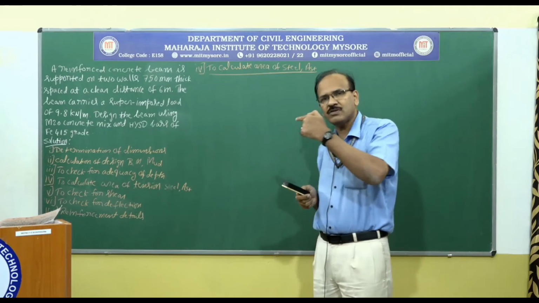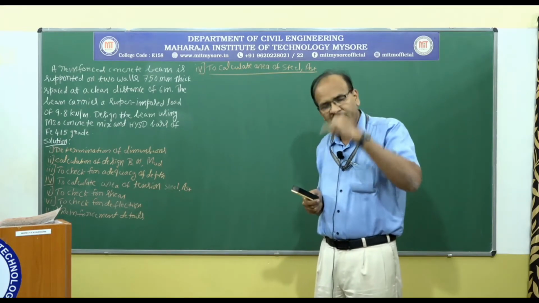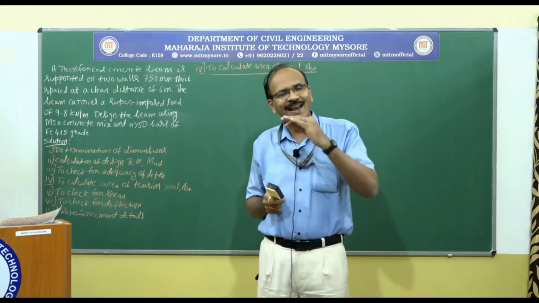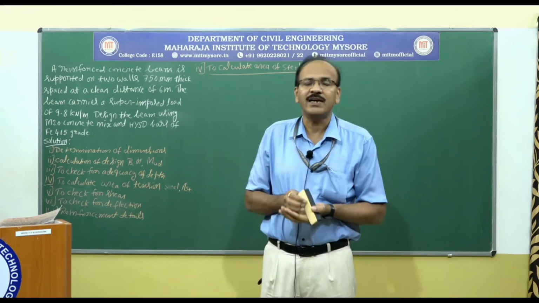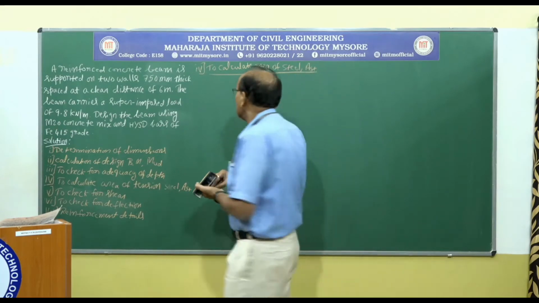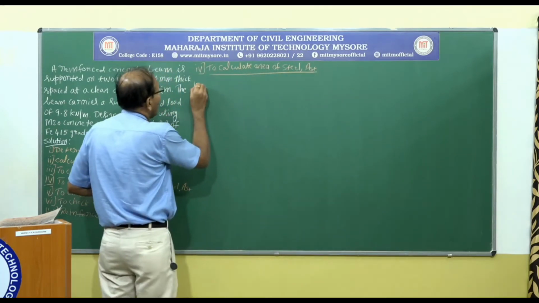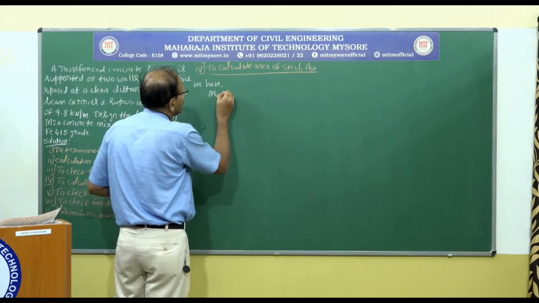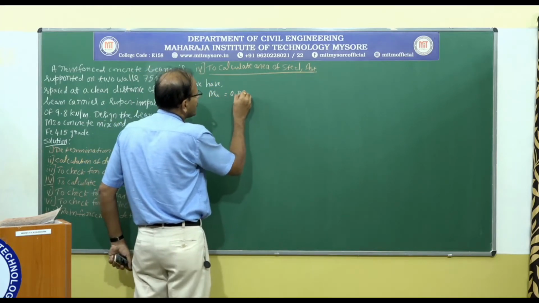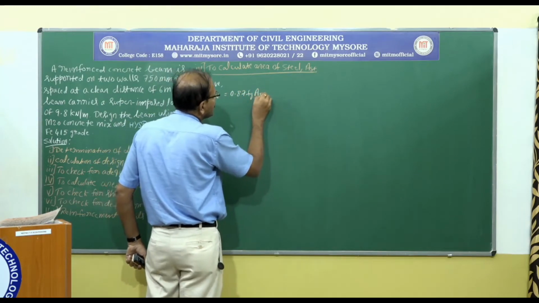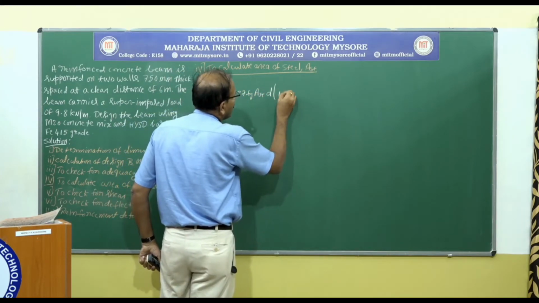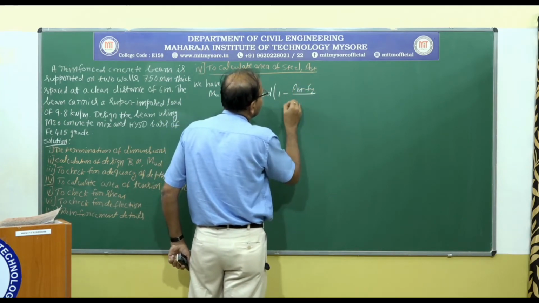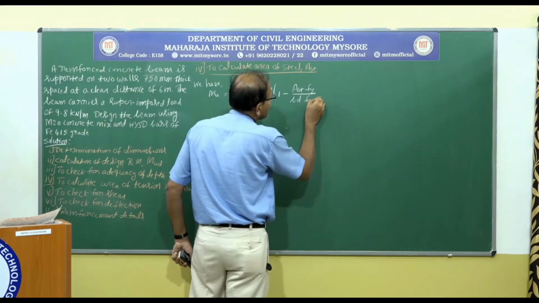That's why I am going to make use of the formula of under reinforced section given in 1.1b to calculate the area of steel required. Okay. Therefore, we have MU equal to 0.87 Fy Ast D 1 minus Ast Fy divided by BD Fck.